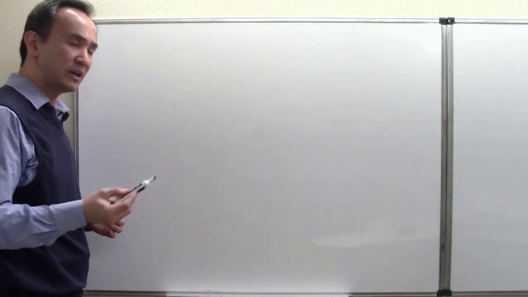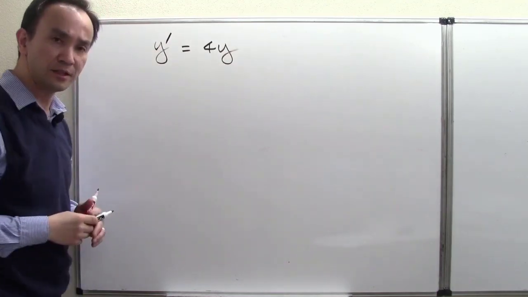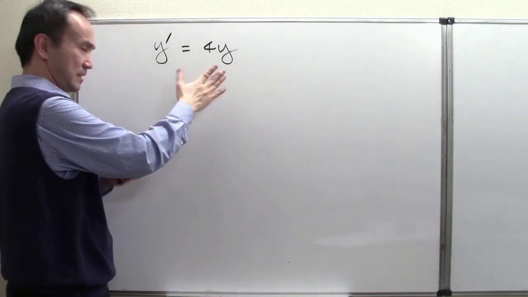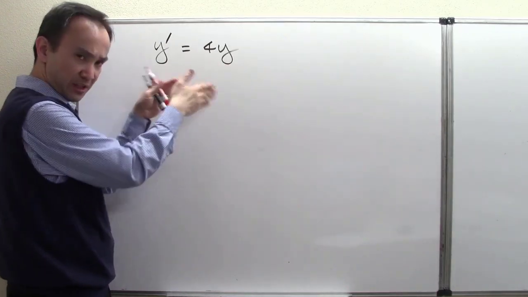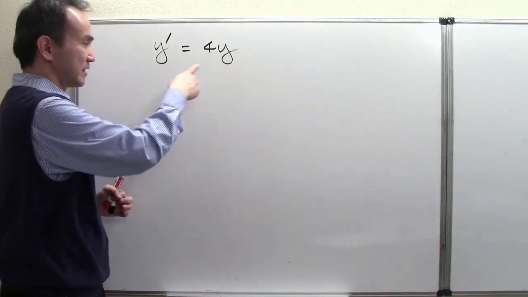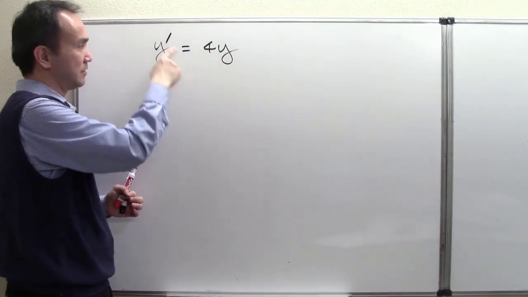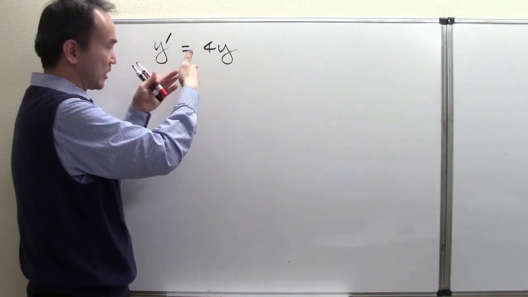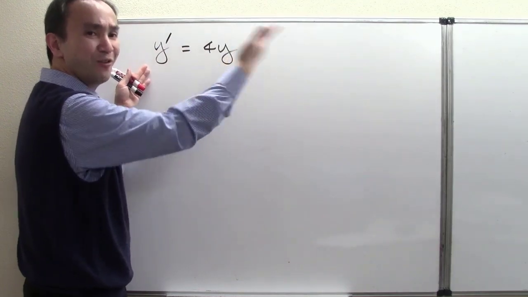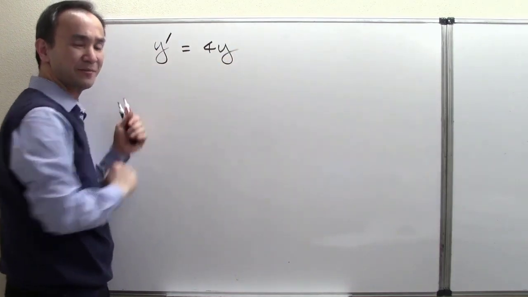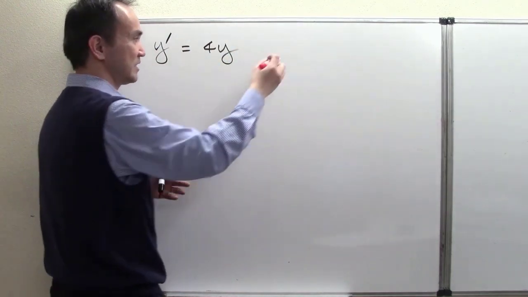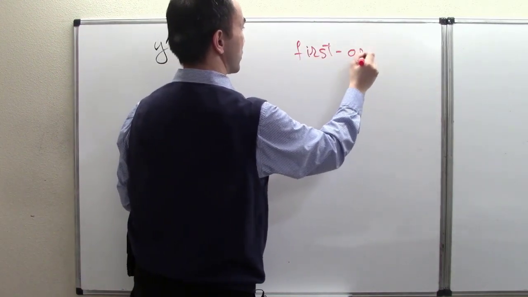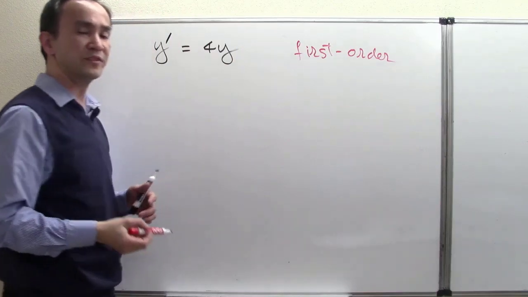That next one on the list. This one on the list right here is a differential equation at this point in our understanding. The highest derivative order is the first order, and the only derivative involved here is the first derivative. So according to the definition, this one is a first order differential equation.